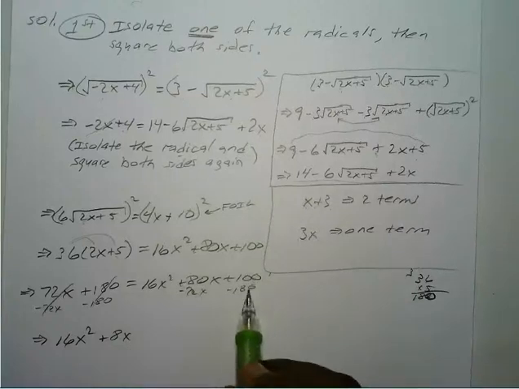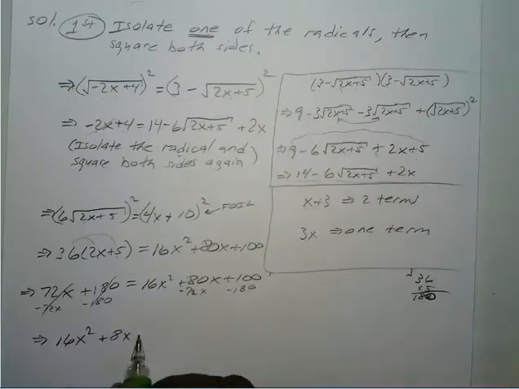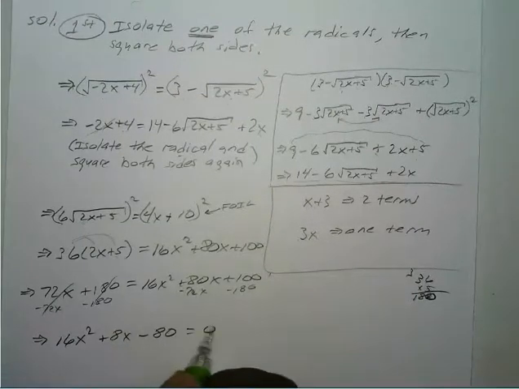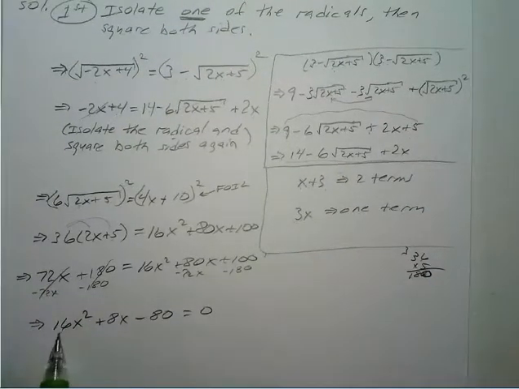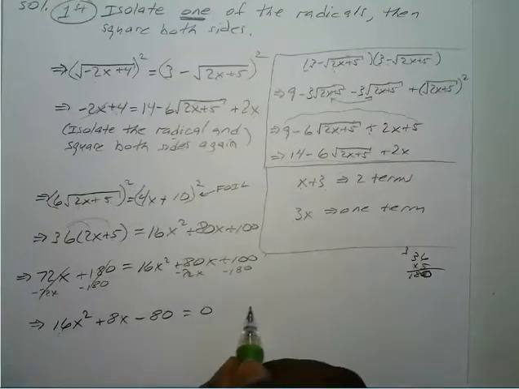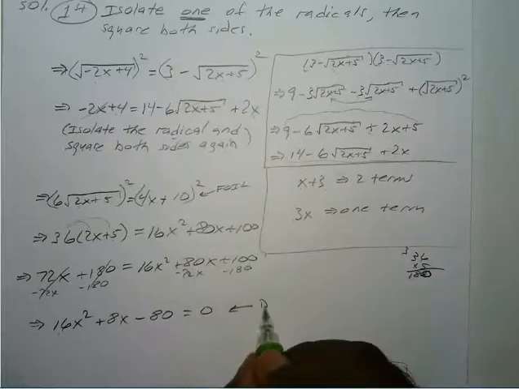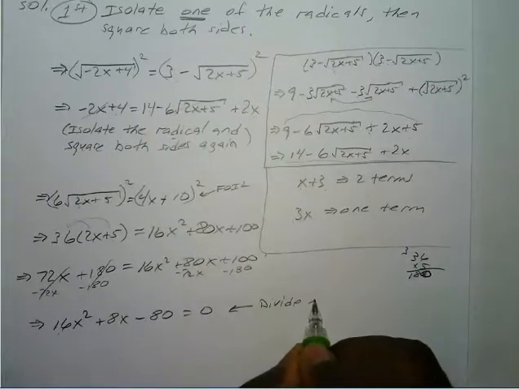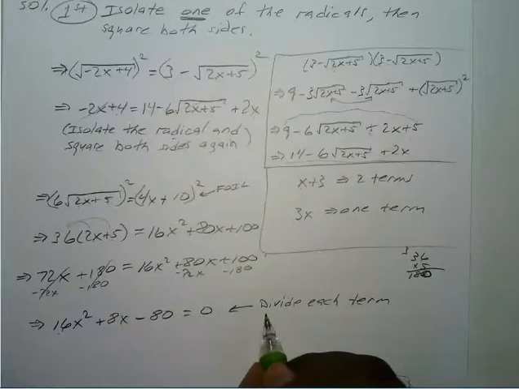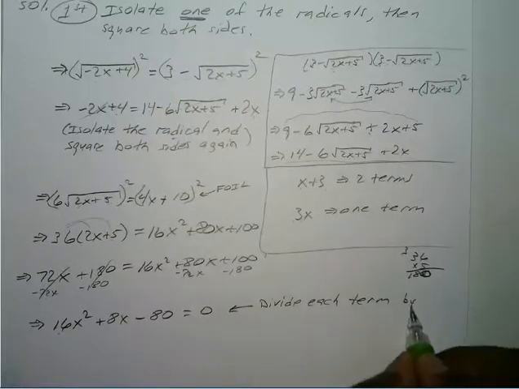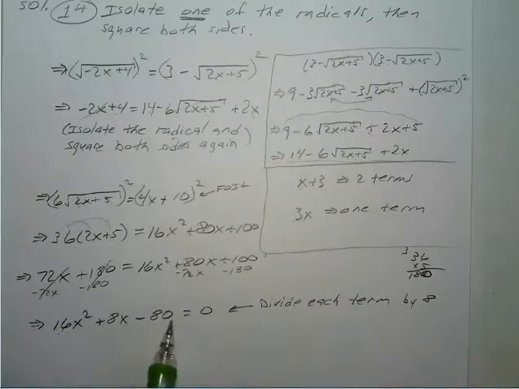And 100 minus 180 is minus 80, which equals 0. We could use the A times C method on this, but that would get kind of messy. So the first thing we're going to do is divide each term by 8, because all of those are multiples of 8.